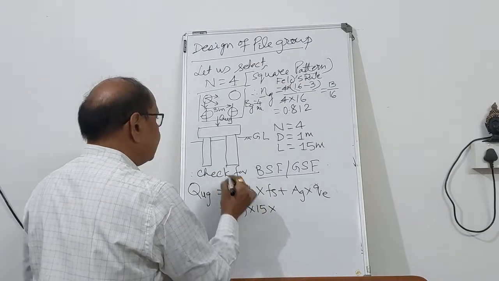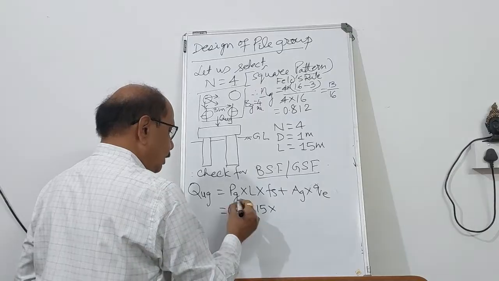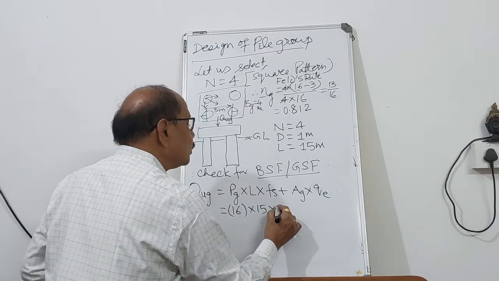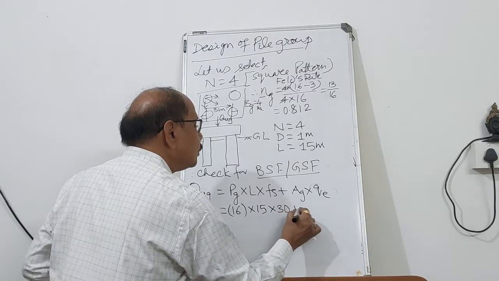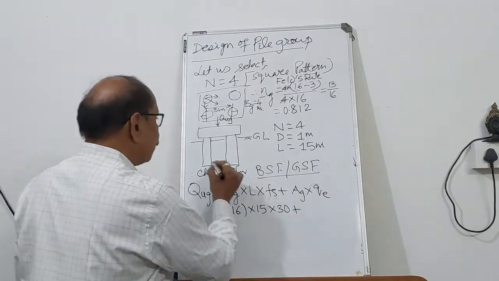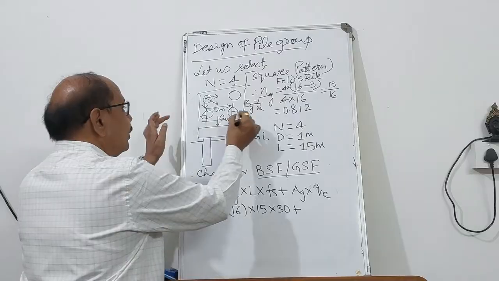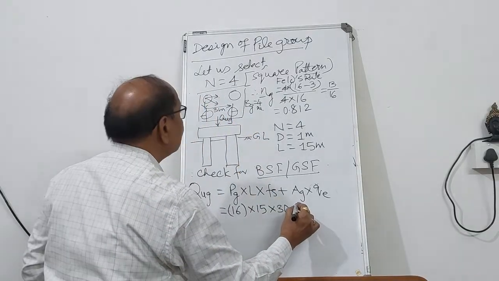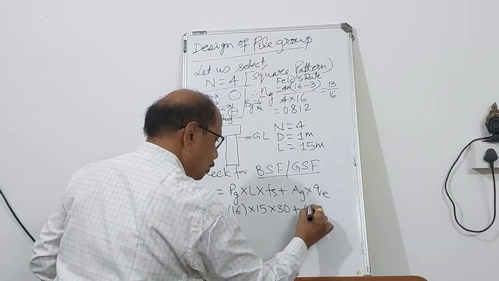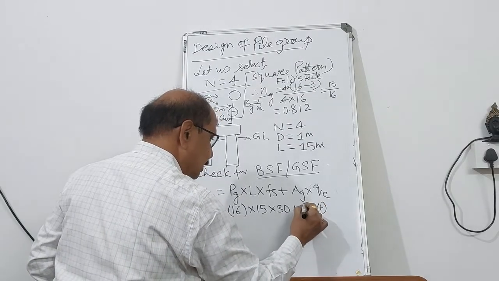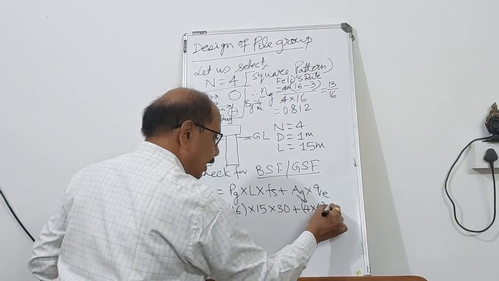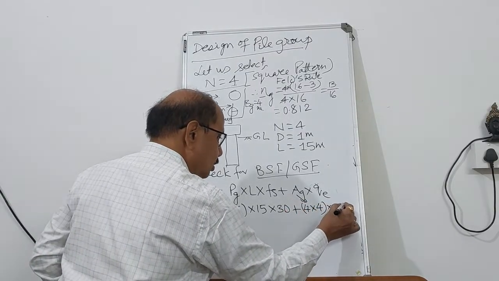Unit skin friction for block shear failure is taken as Cu. So Cu equal to 30, plus the area of the group, which will be width of the group into width of the group for a square pattern. So the width of the group is 4 meter, 4 by 4, that is 16 square meter is the area of the group, multiplied by 9 times Cu.